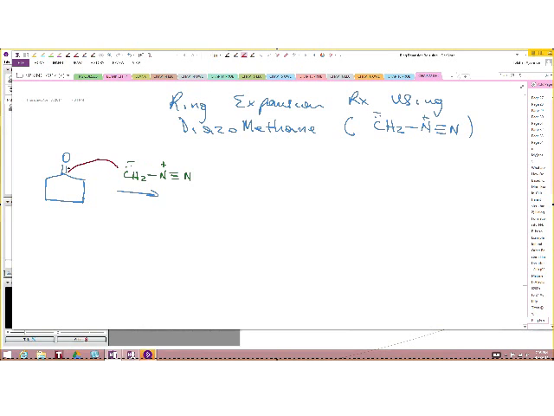This here comes here, nucleophilic addition, because this pi electron comes to oxygen, and then we have this intermediate.